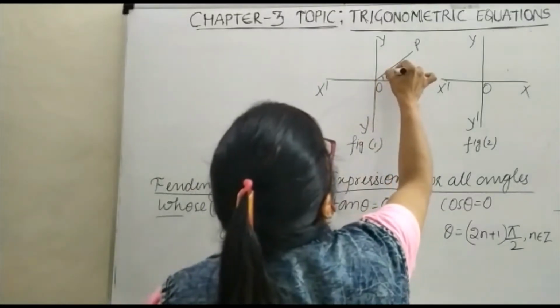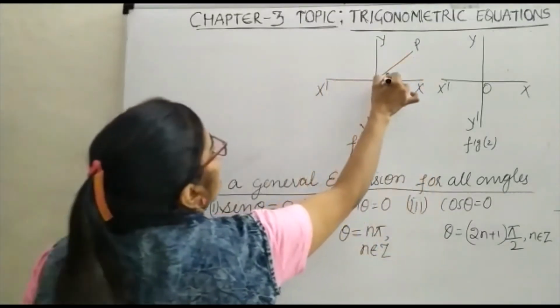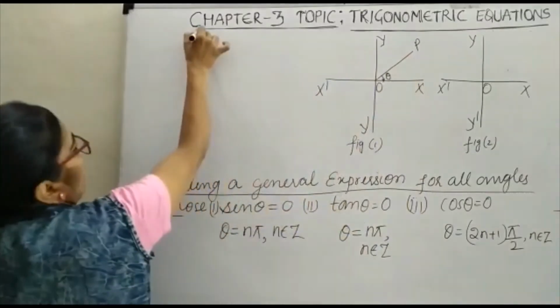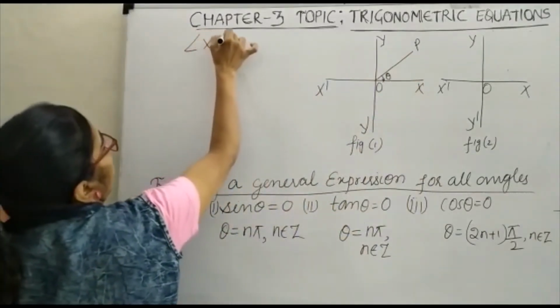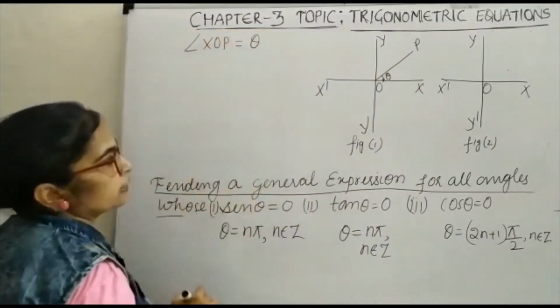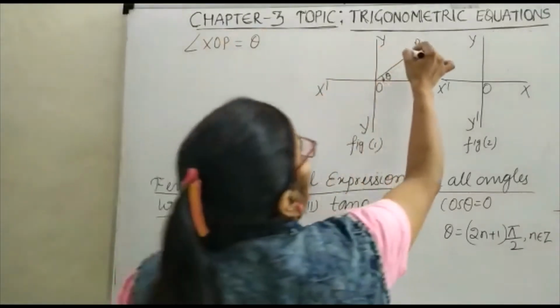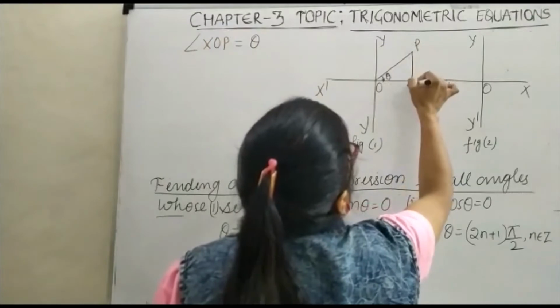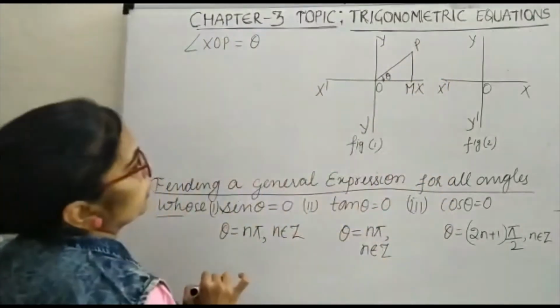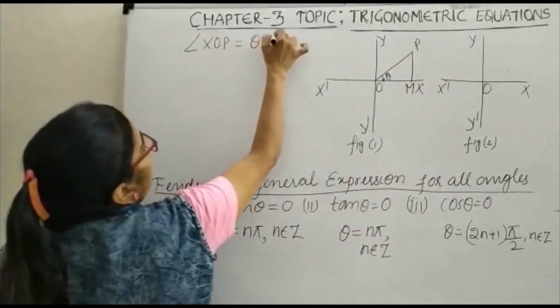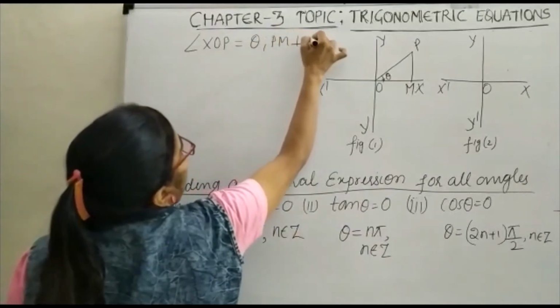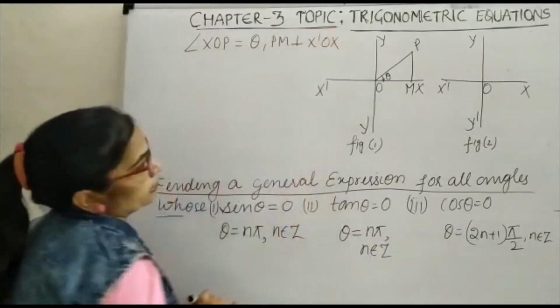This is your angle theta. Now angle XOP is equal to theta. Let us draw one perpendicular. Suppose this perpendicular is PM, where PM is perpendicular to the line X dash OX.